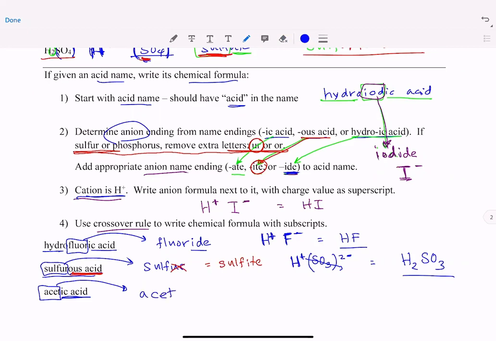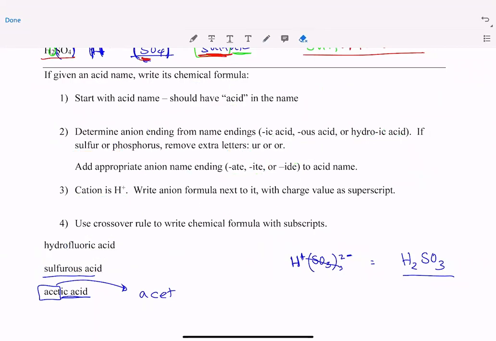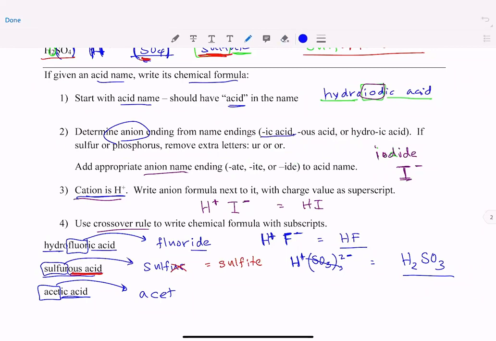The ic acid name ending goes back to the new name ending ATE. I don't need to remove any letters because it's not sulfur or phosphorus, but I do need to add the ATE name ending and look for the acetate anion.